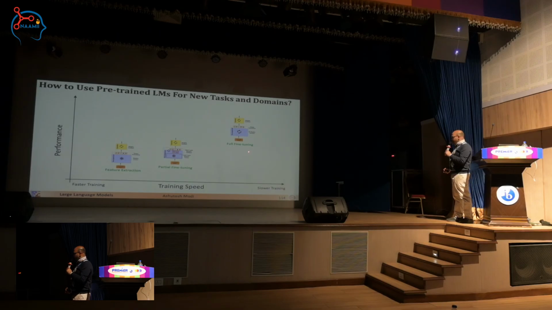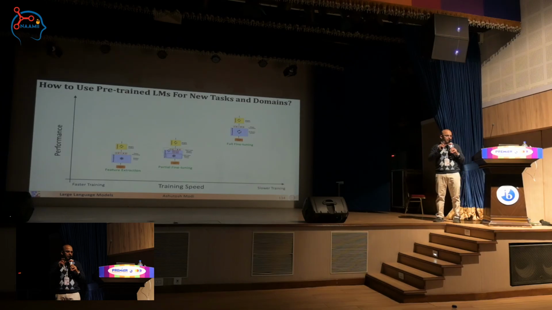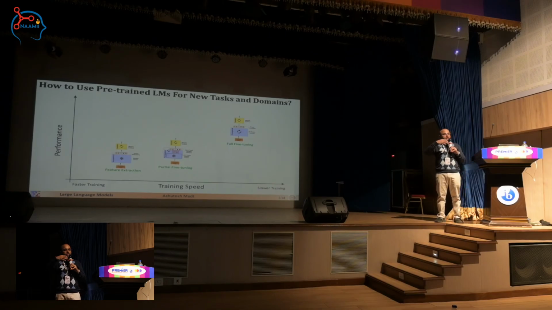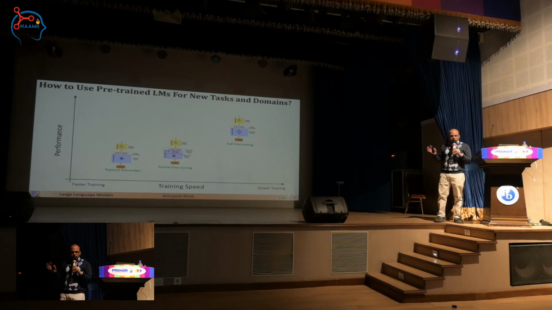Whereas with full fine-tuning, you are updating the weights, and these weights are tuned to a specific task. So this will give you the best performance, but it will be much slower because the LLM is large, and you have to backpropagate through the entire LLM. That will take a lot more time. So you see the trade-off between how many weights you are updating and how much performance you are getting.